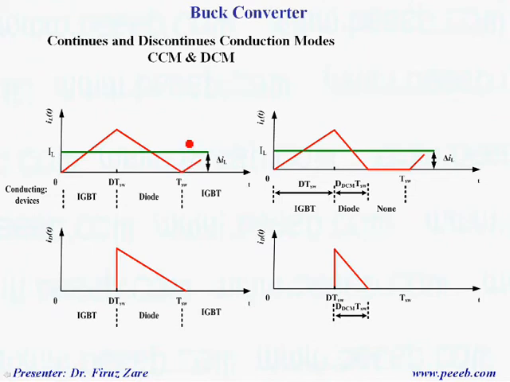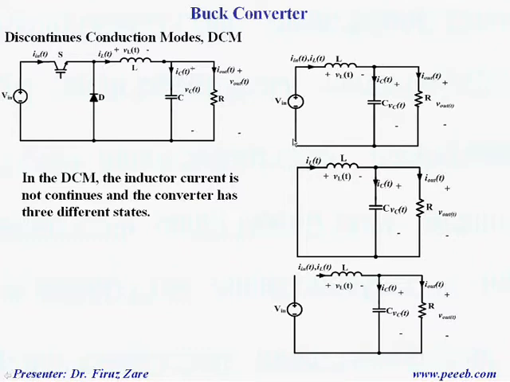According to this current waveform, we can find the boundary condition when the system can operate in either continuous conduction mode or discontinuous conduction mode. When the buck converter operates in discontinuous conduction mode, we have 3 different states. When the switch is on, the voltage across the inductor is input voltage minus output voltage.